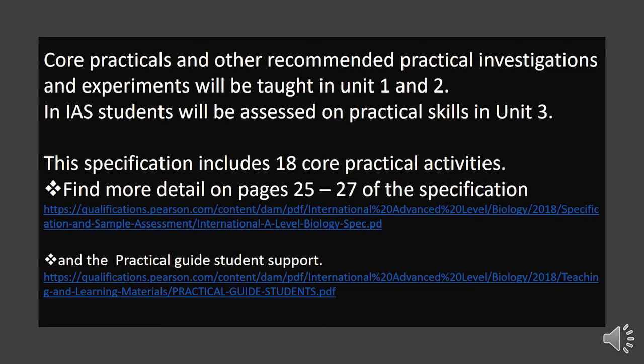So when we talk about practicals, you need to know this information in general. There are 18 core practicals throughout your qualification, out of which 9 core practicals and recommended practicals you will be learning in IAS, and the rest 9 core practicals and other recommended practicals you will be learning in your IA2.